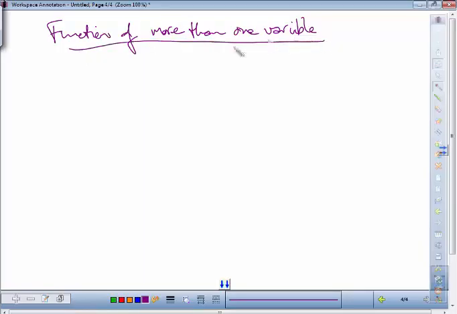So the notation that we use here, we use little f again. Seem to be running out of letters in the alphabet. And instead of taking a scalar for your input, you're actually going to input more than one number, 2 or more.